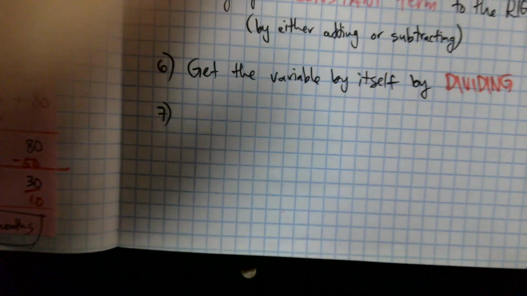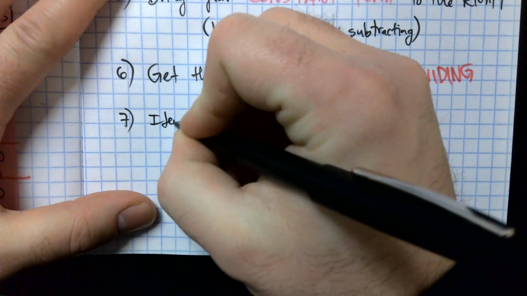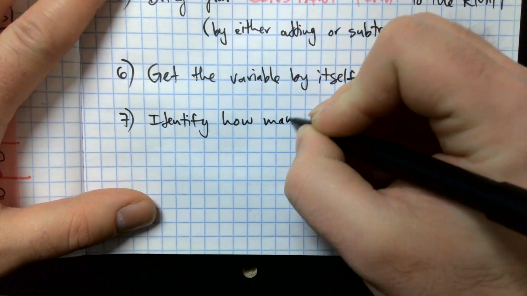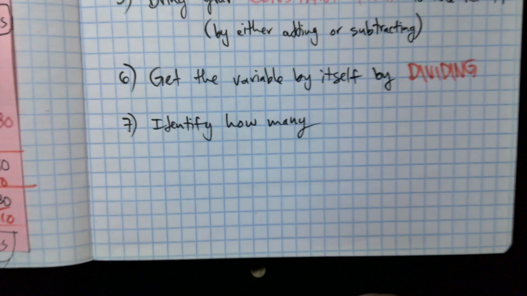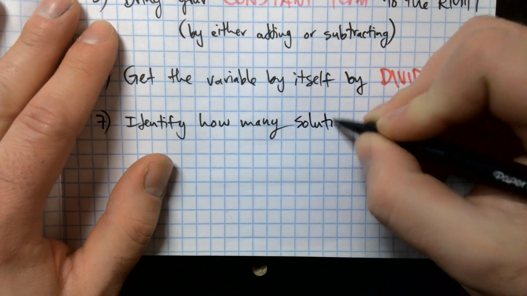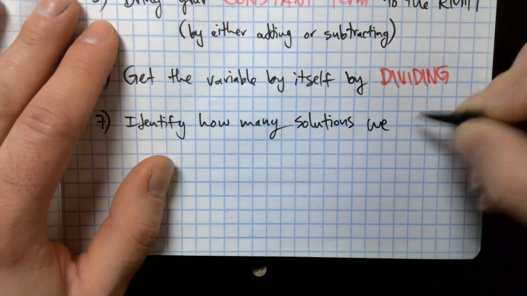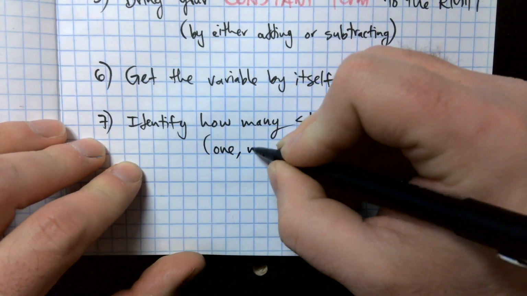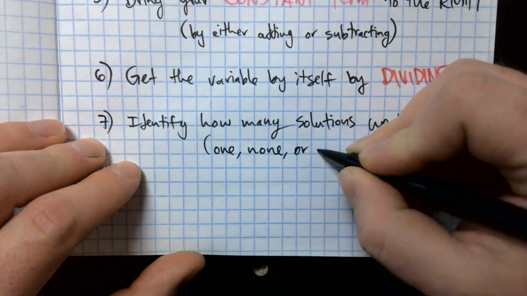How many solutions we have? Identify how many solutions. That wasn't just one standalone lesson. That's now part of our toolkit that we're going to use every time. Identify how many solutions we have. Either one, none, or many.